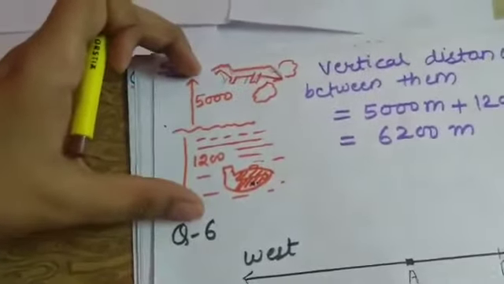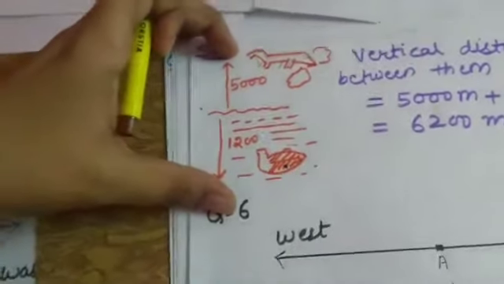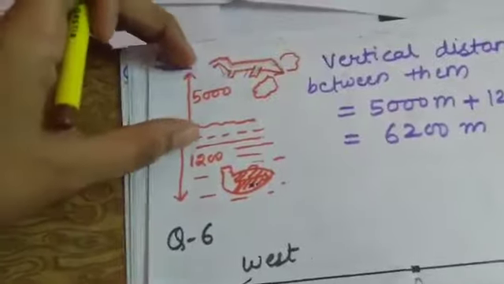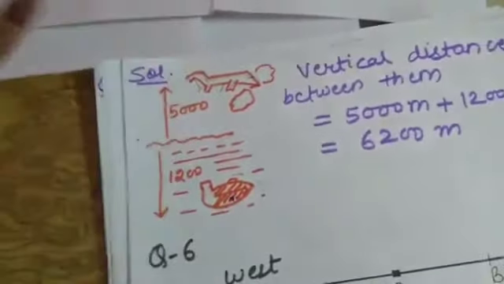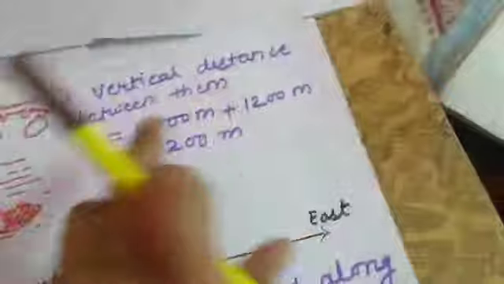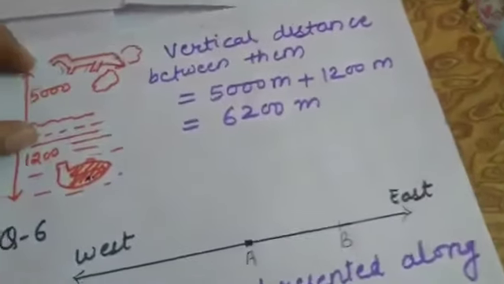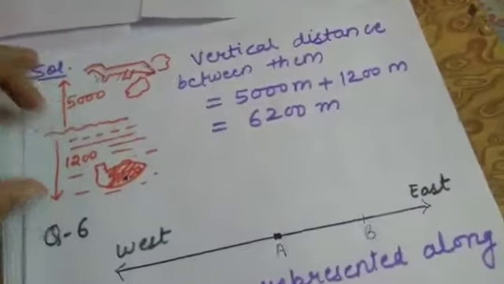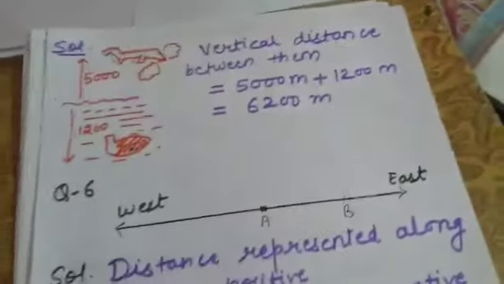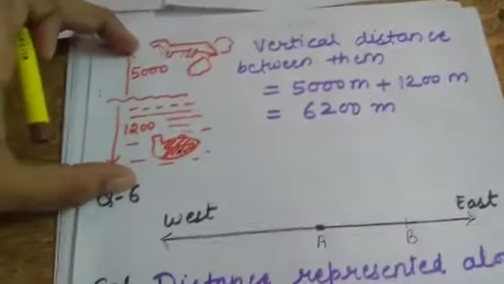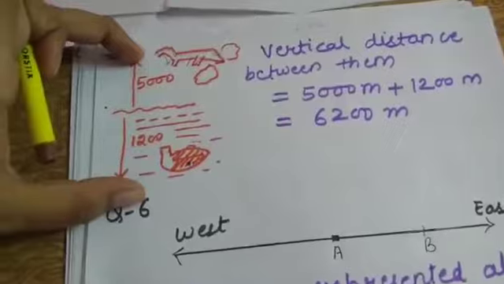Simply, for the vertical distance you have to add these two. So the vertical distance between them will be 5,000 plus 1200, which gives you 6,200 meters between the plane and the submarine.